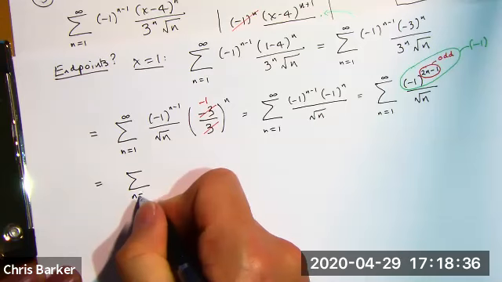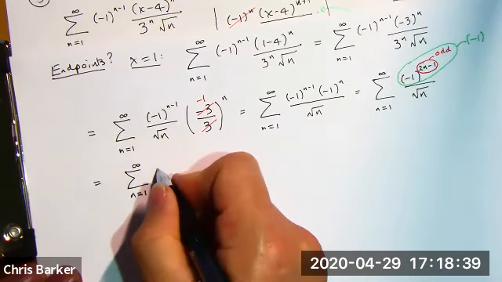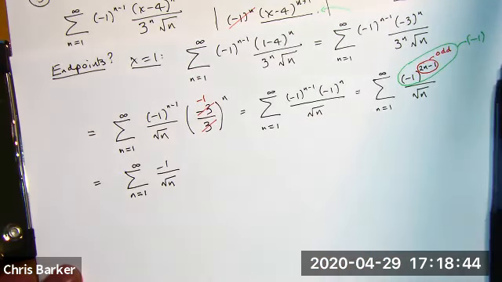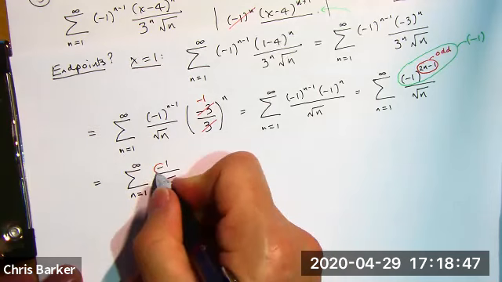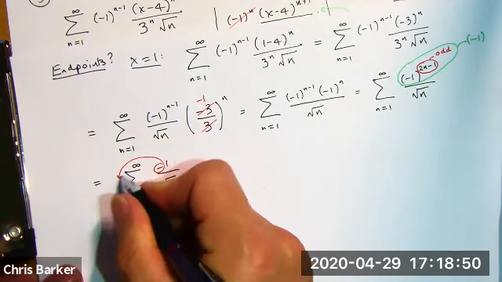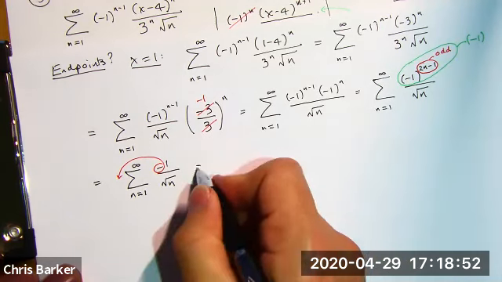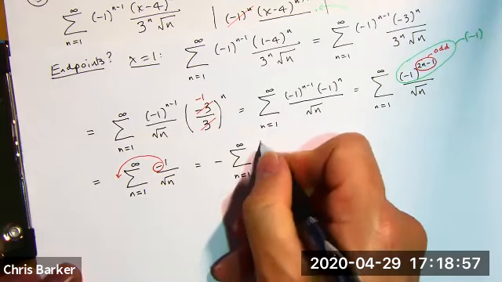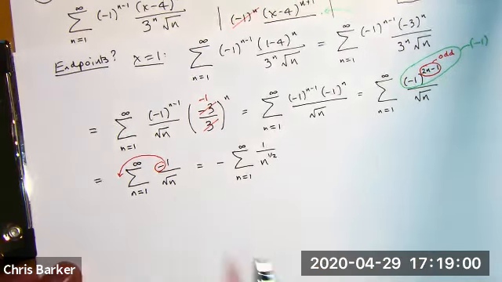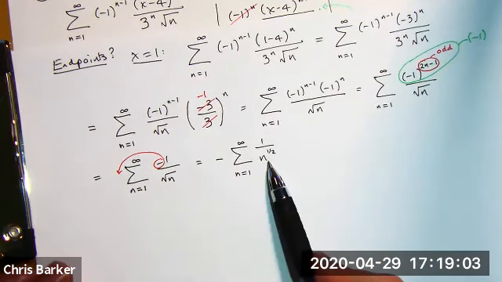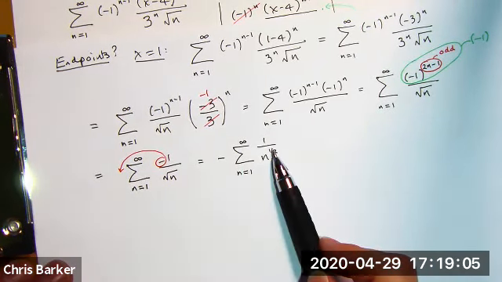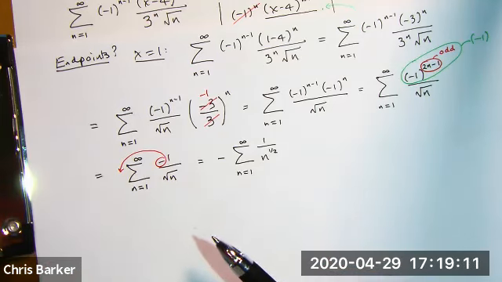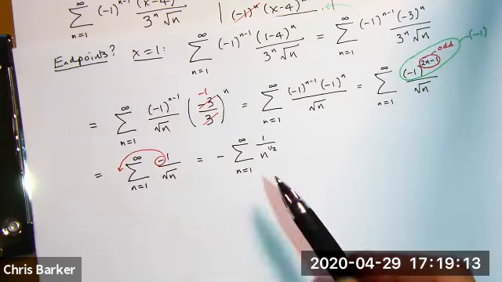So this is becoming the sum from 1 to infinity of negative 1 over the square root of n. Now that negative sign is like a negative constant. It's allowed to move that outside, just like you can move any constant outside. And the reason I'm doing that is to emphasize what we have left. We have 1 over n to the 1/2 power, don't we? Square root of n. Now what is this? A p series. That's the p series with a p-value of 1/2.